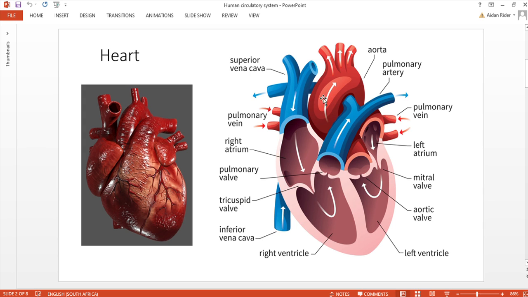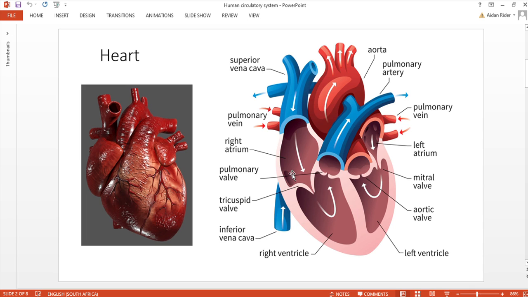Then the aorta is the main artery that takes oxygenated blood, or blood with oxygen, to the rest of the body, usually the brain and the limbs and so on. When the blood comes in, it usually comes in at this superior vena cava, this vein.